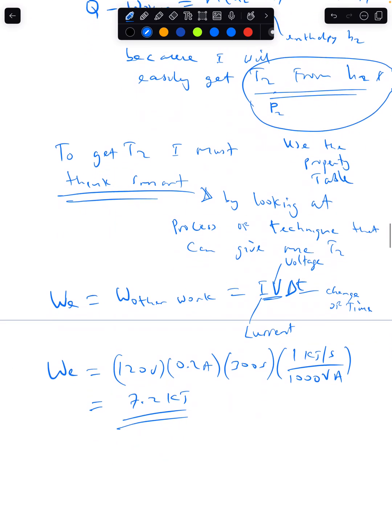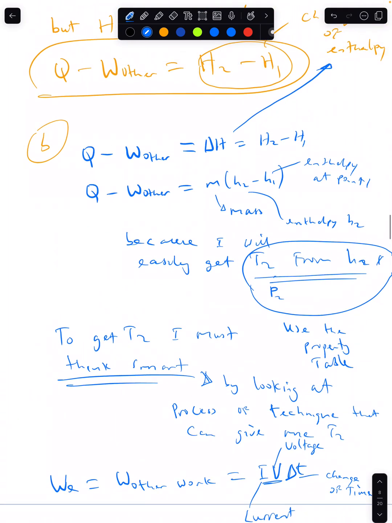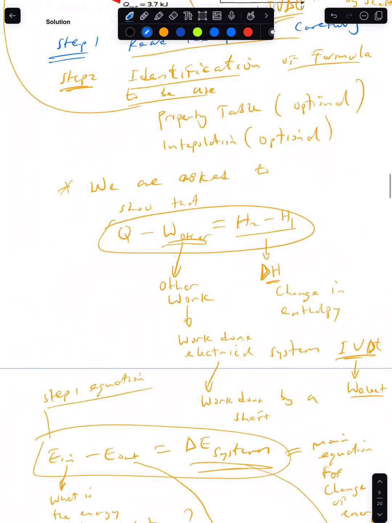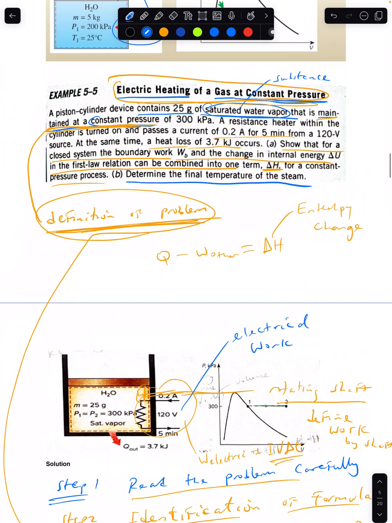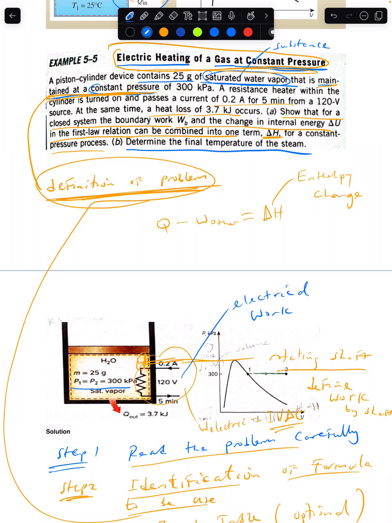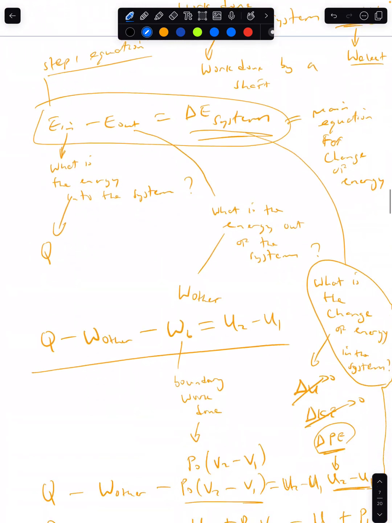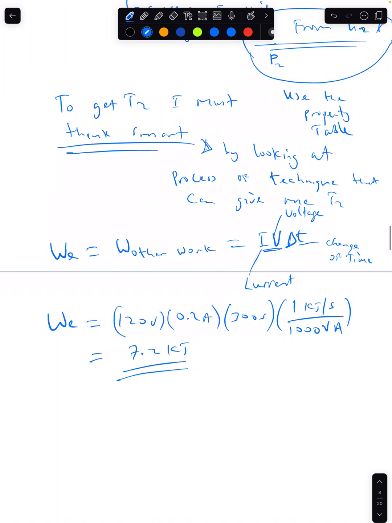Then I know that from the problem I have the pressure, the constant pressure for this saturated fluid. So I've already gotten the work done for the system, which is electric work done. Now I need to get the enthalpy for this process, and that is actually state 1.